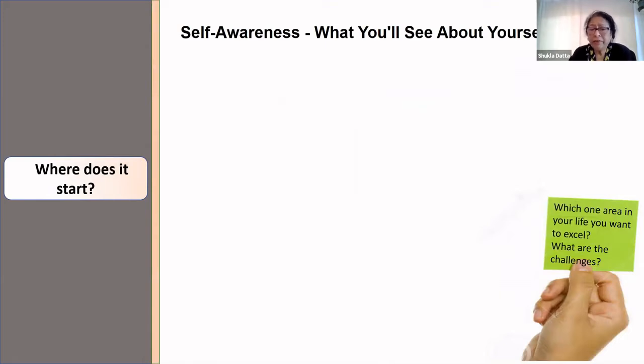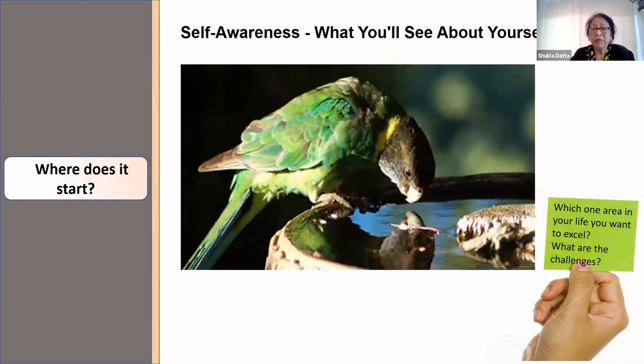If you ask yourself which area in your life you want to excel, what are the challenges? To know all these answers, we have to dig down and first face the first issue that is called self-awareness. Self-awareness involves our emotional intelligence. What is self-awareness?